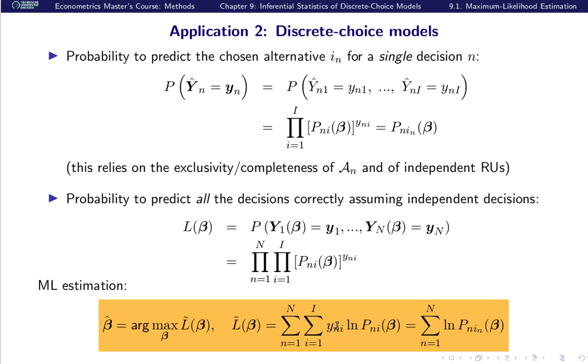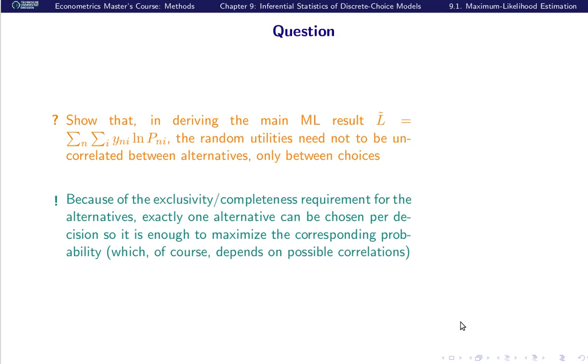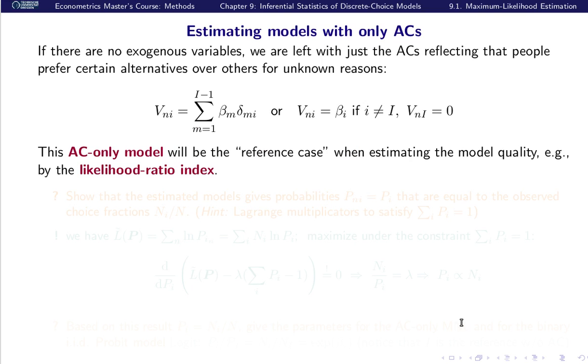So it does not matter if there are some inner correlations. In any case, we can express it in this form. Of course, the model probability itself depends on assumed correlations of the random utilities, but the form is the same, whether they are correlated between alternatives or not. Yes, that's basically the answer.